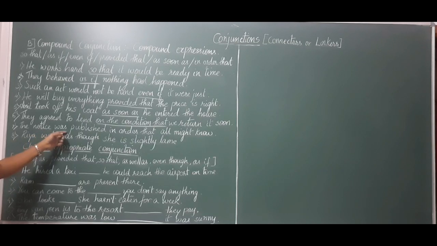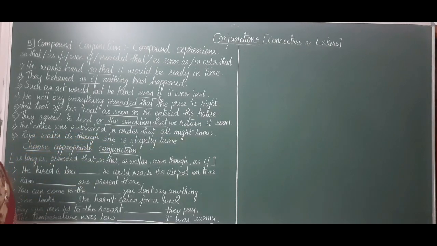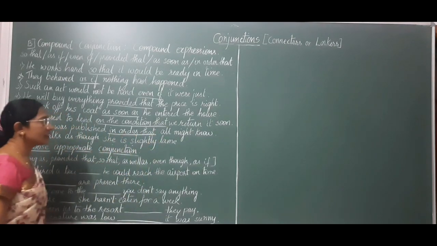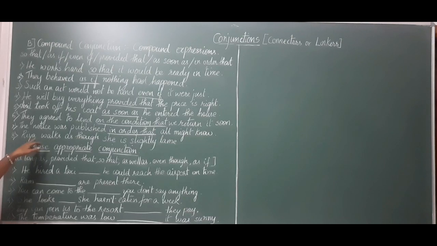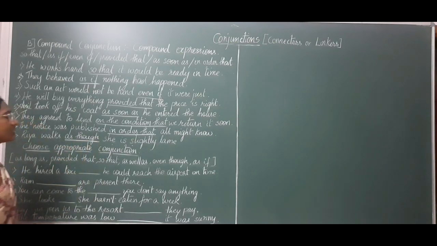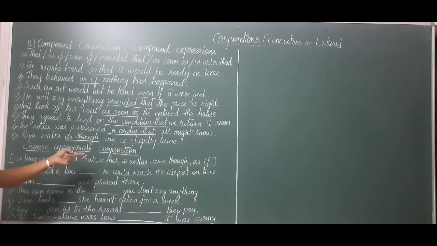The notice was published in order that all might know. In order that is a combined or a compound expression. Ria walks as though she is slightly lame. As though. So these are the compound conjunctions. Choose appropriate conjunctions from the ones given in the square bracket.